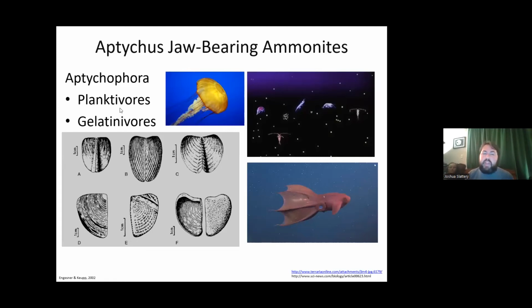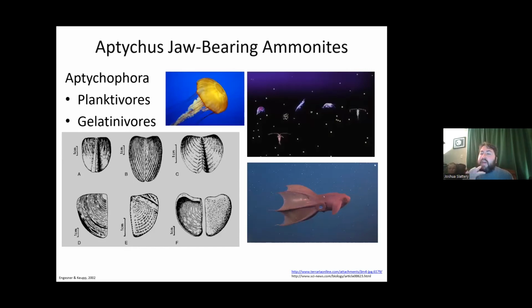They were probably planktivores or gelatinivores, so they were probably eating things like jellyfish or small zooplankton, small crustaceans, small gastropods, and probably had an ecology very similar to modern vampire squids.